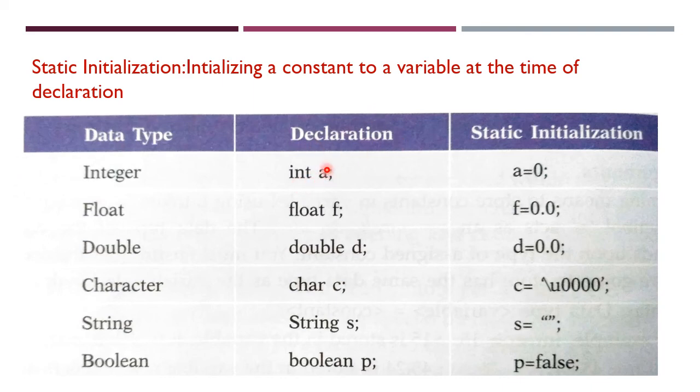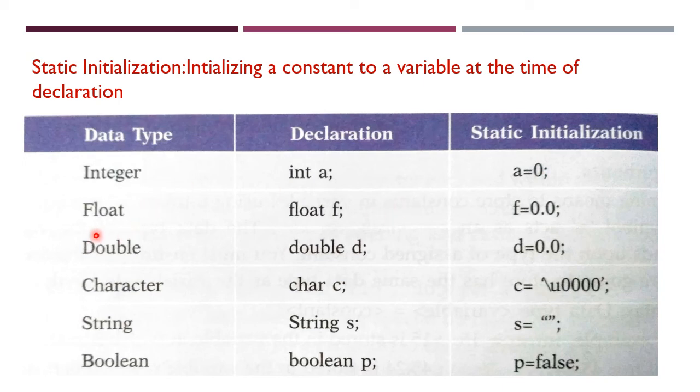A is a variable of integer data type. Here you are initializing it with 0. A is equal to 0. So now a holds the value 0 in the memory. If any garbage or unnecessary values are there in the memory location identified with a, they will be erased and it will be stored with 0.